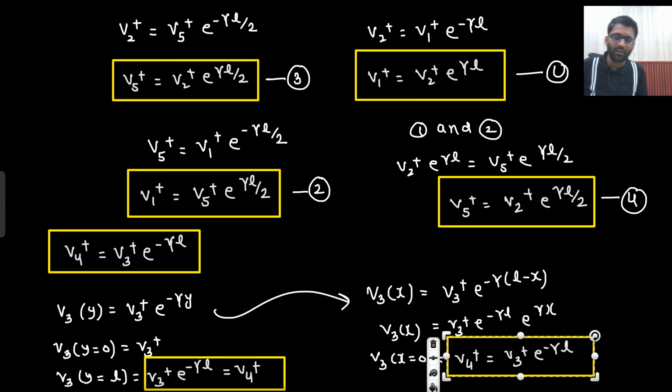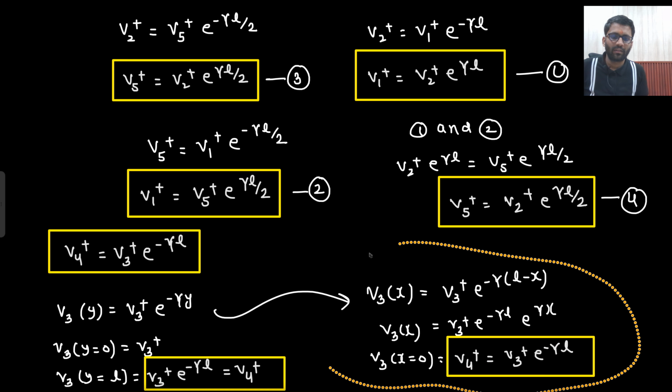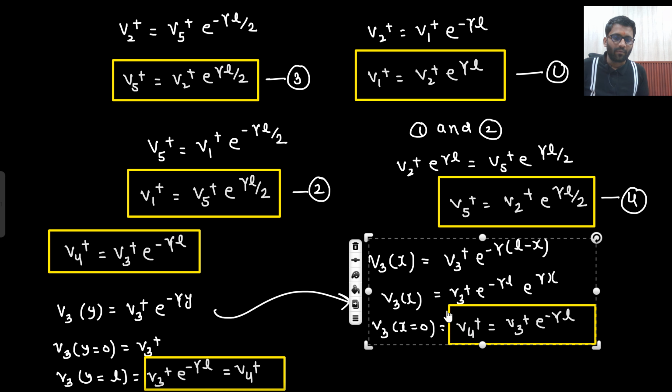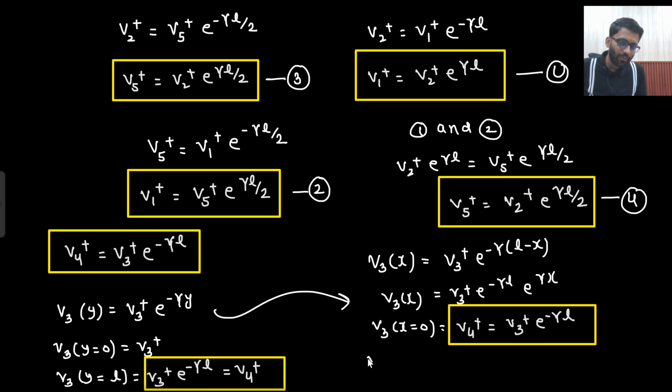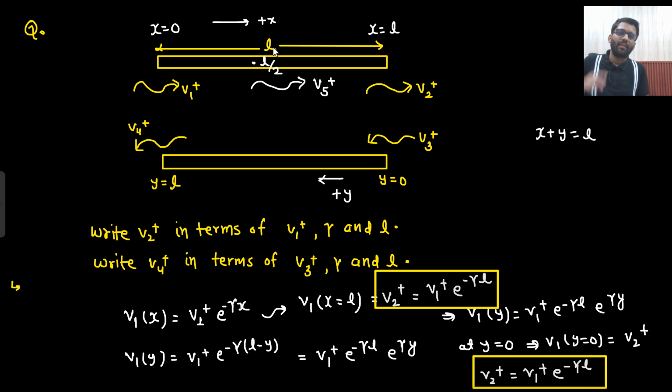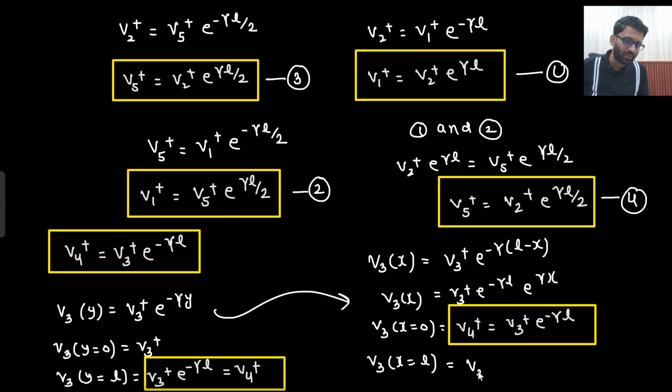Say yes or no. What else could I have seen? If you put V3 at x equals to L, what is your V3? It is equal to V3 plus. At x equals to L, V3 is equal to V3 plus. And if you put x equals to L in this particular equation, V3(x), what are you getting?